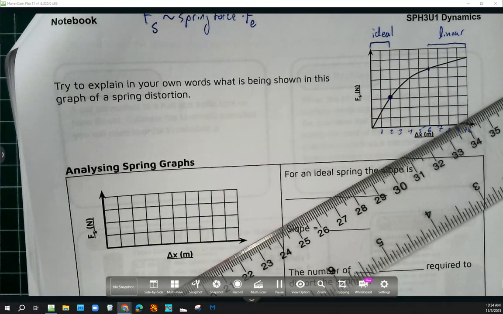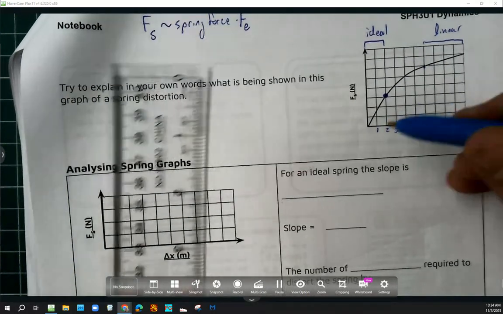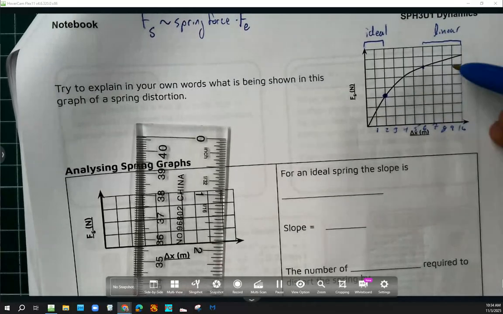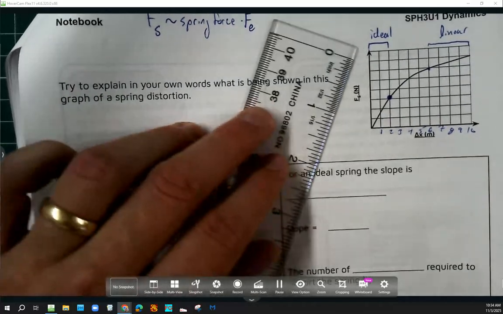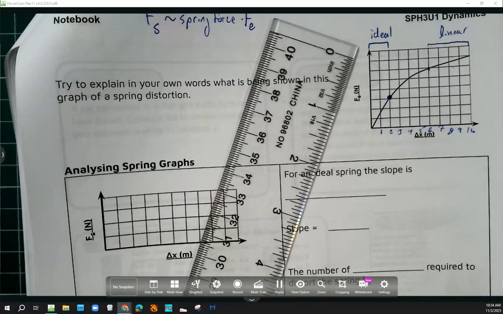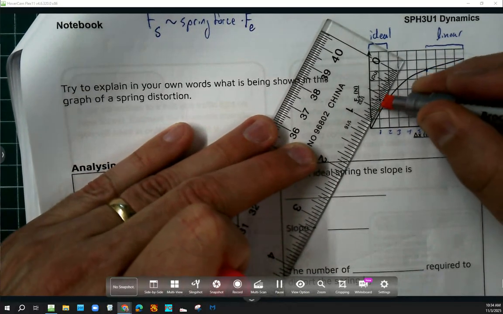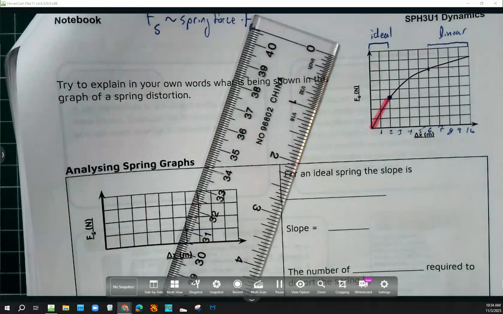And so what I could do, if I was talking about just what's happening with this spring, look at the steepness here. Look at the steepness here. Look, I can even color code it just a little bit. I'll do a little bit of pink here. Maybe I'll make this top one be yellow.